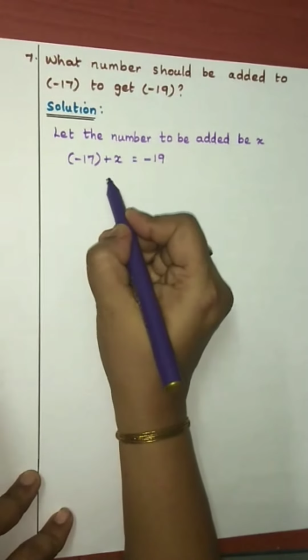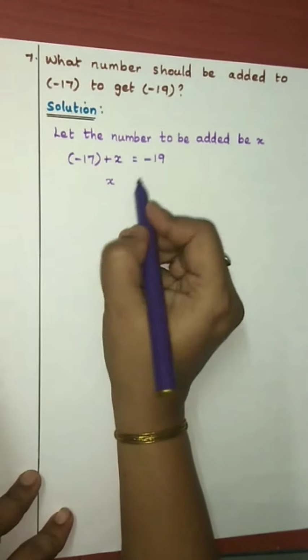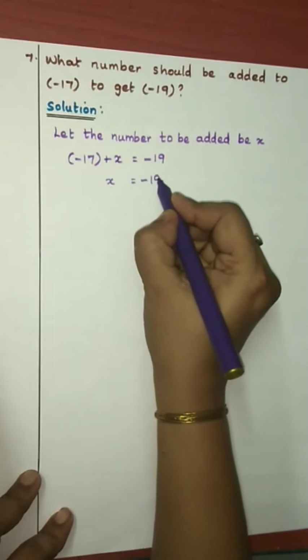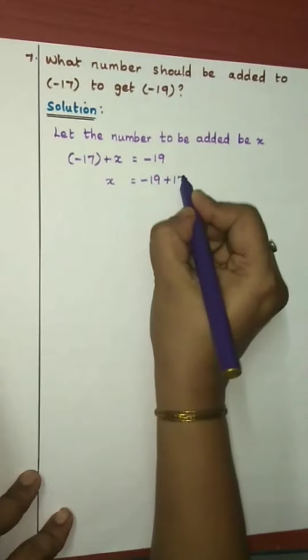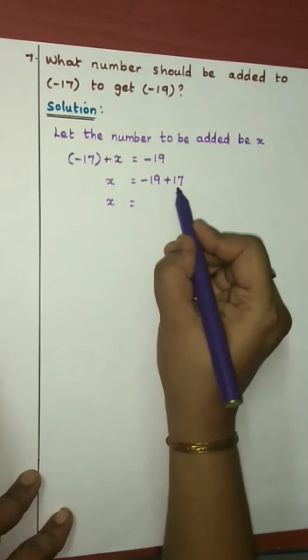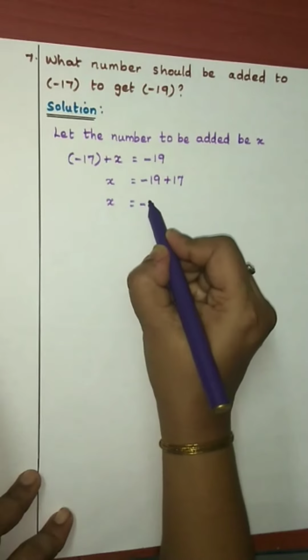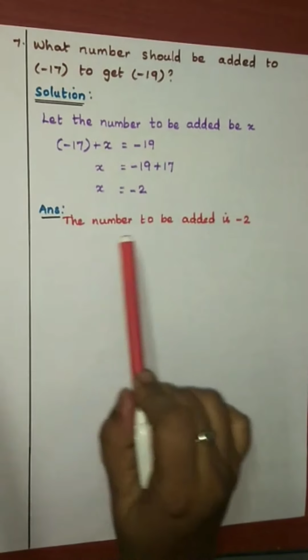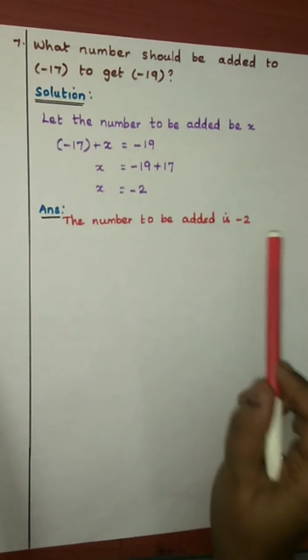So leave this x here, take this minus 17 to the other side. So this minus 17, when you take to the other side, it becomes plus 17. So x is equal to minus 19 plus 17, minus 2. Answer. The number to be added is minus 2.